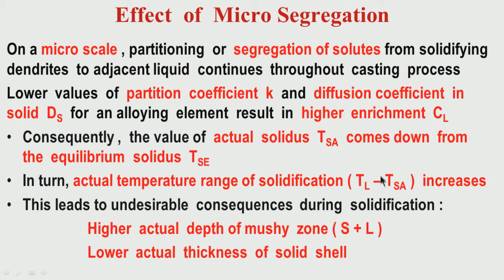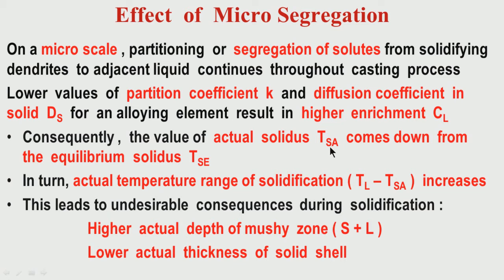Number two, the actual solidus which is known as TSA. TS is solidus, TSE is the equilibrium solidus, TSA is the actual solidus. So, the actual solidus also comes down because of the segregation.